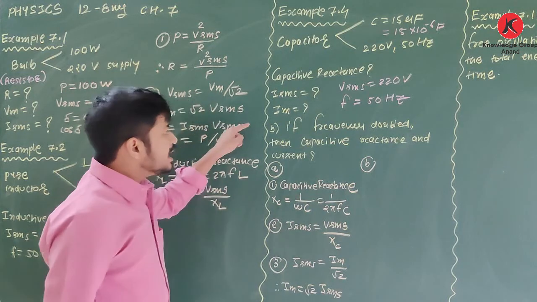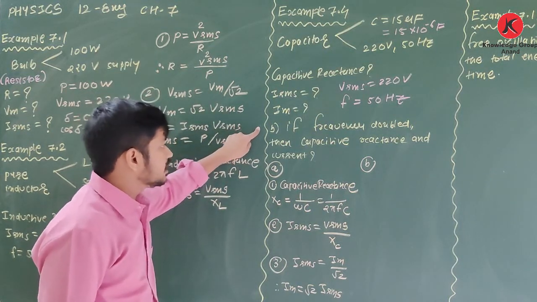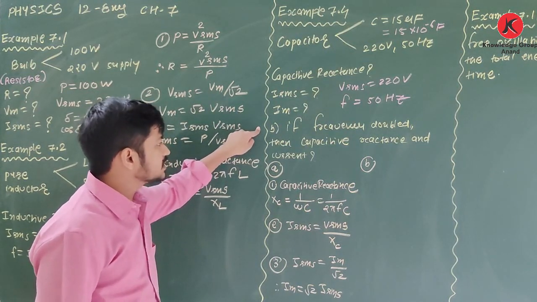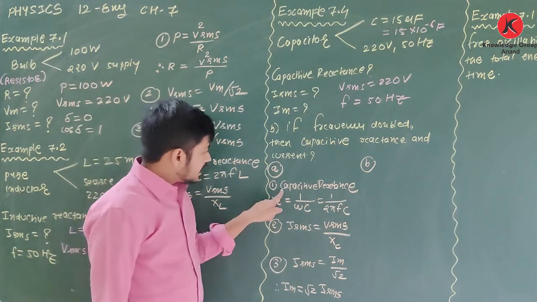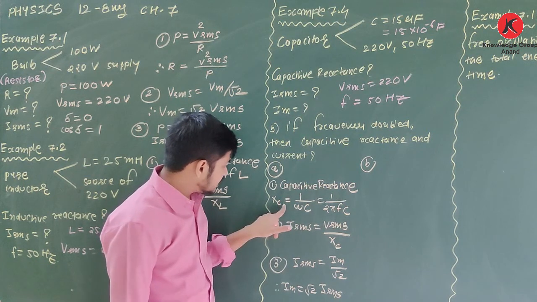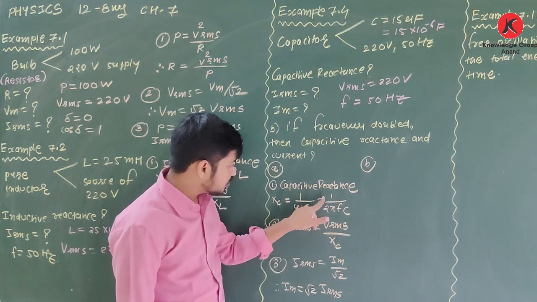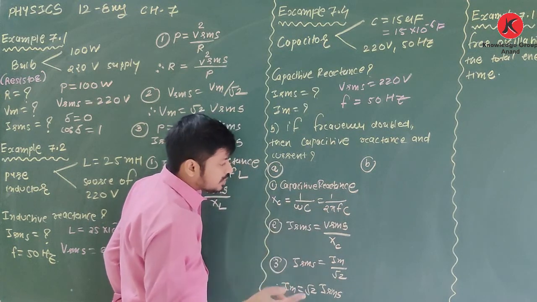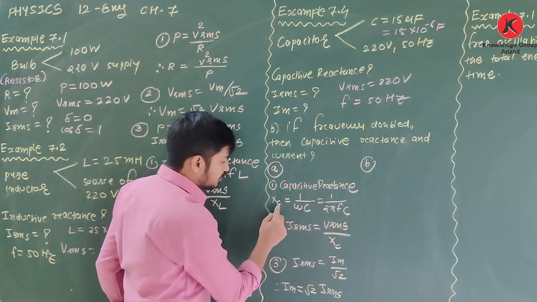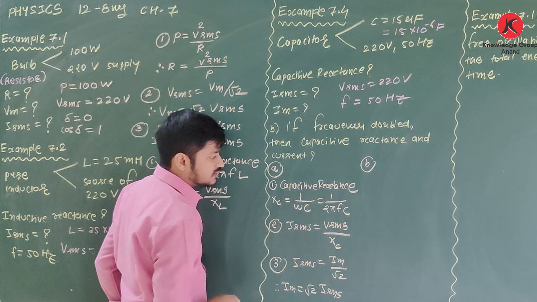If frequency is doubled, then what happens to capacitive reactance and current? Capacitive reactance Xc is equal to 1 upon omega C, which is equal to 1 upon 2 pi F C. 2, pi and C are constant, F is doubled. What is the relation between frequency and capacitive reactance? Inversely proportional.